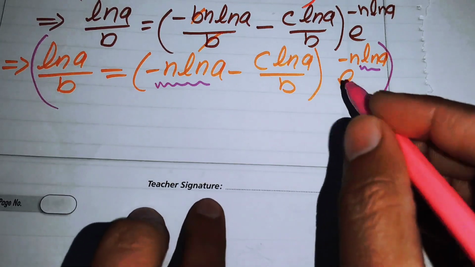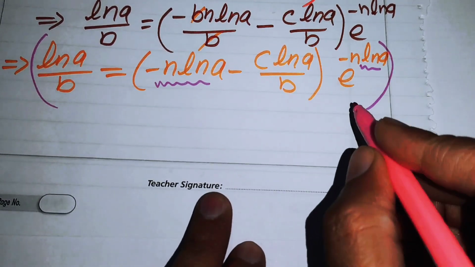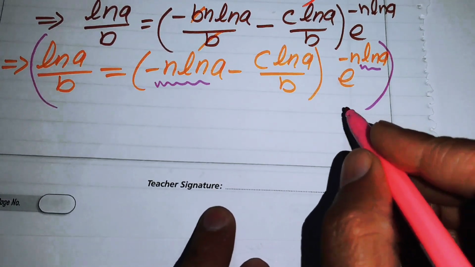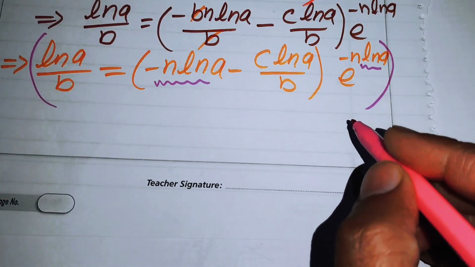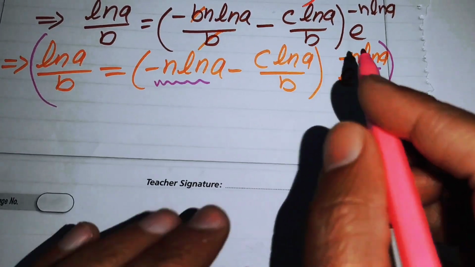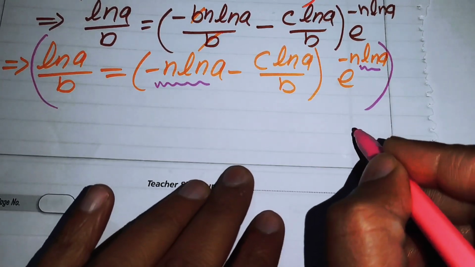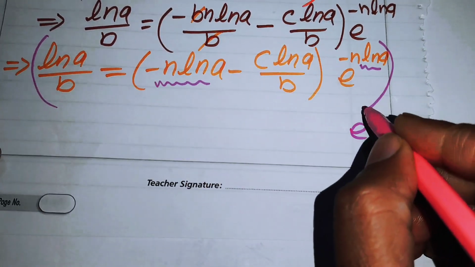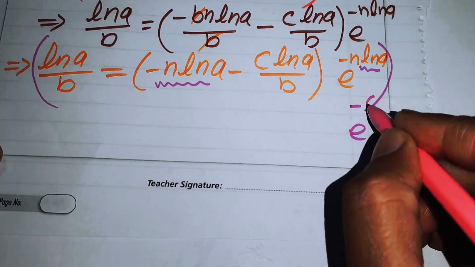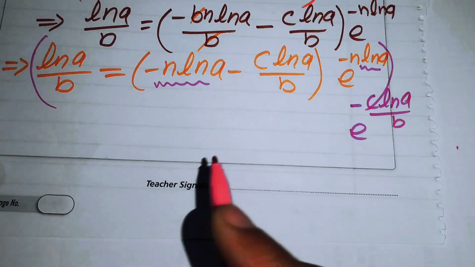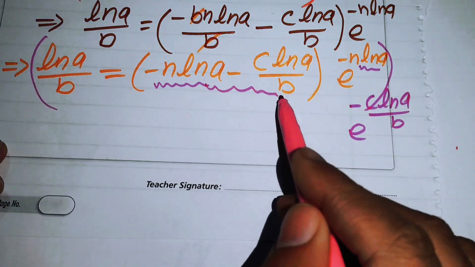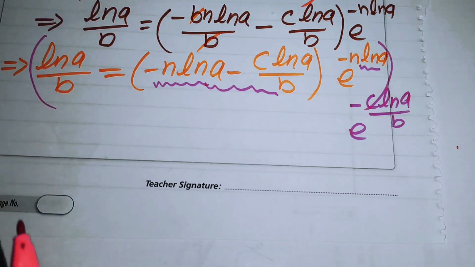c times log a, so that you will get here, so that we multiply e to the power of minus c times log a over b in order to make this complete term in the exponent of e.